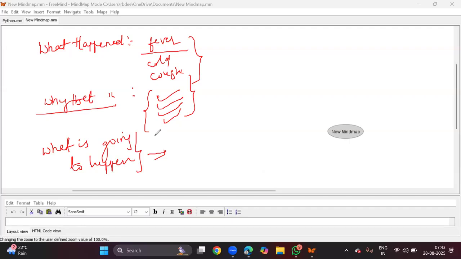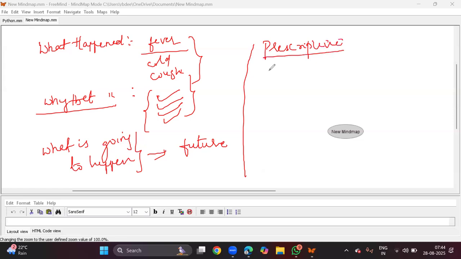Okay. Now, what is that we are trying to understand? What is going to happen means he's talking about the future. Once he does that, he will prescribe you the terms and conditions, your food habits, etc., which is prescription. It is what should be done. Prescribe. The first one is what happened, why that something happened, what is going to happen.